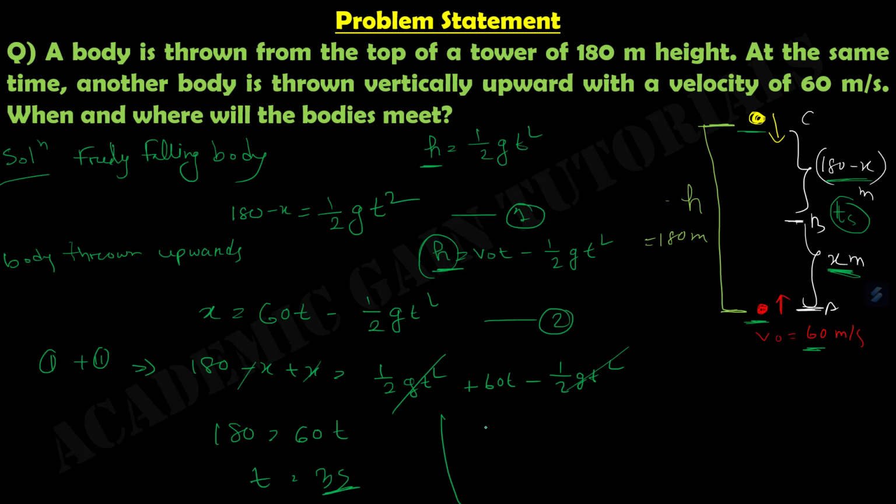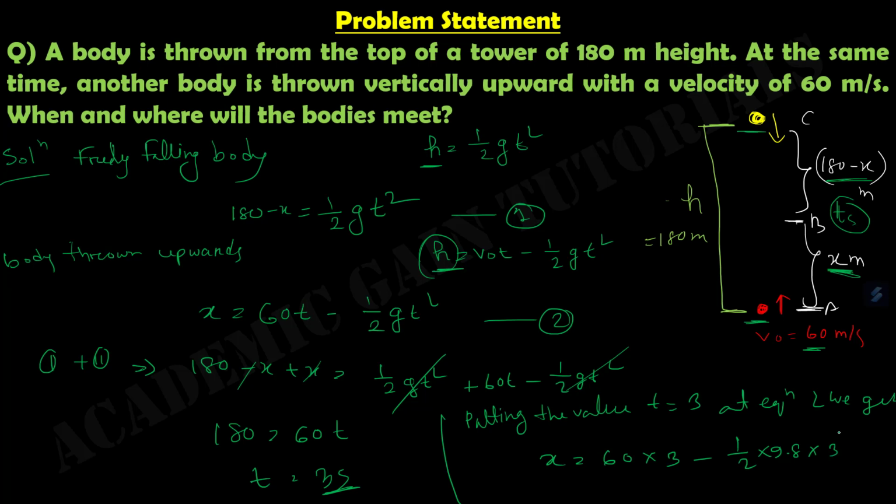Putting t equals 3 in equation 2, we get x equals 60 into 3 minus half of 9.8 into 3 square, which gives x equals 135.9 meter.